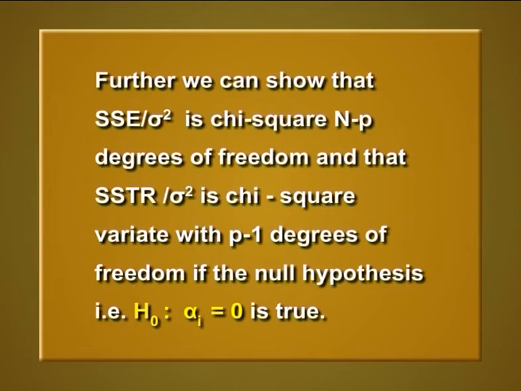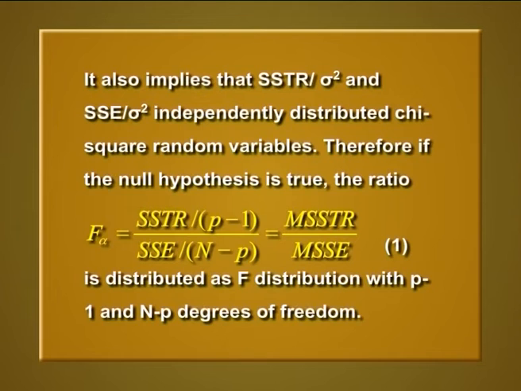Further, we can show that SSE by sigma square is chi square with n minus p degrees of freedom, and that SSTR by sigma square is chi square with p minus 1 degrees of freedom if the null hypothesis H naught, alpha_i equals 0, is true. It also implies that SSTR by sigma square and SSE by sigma square are independently distributed chi-square variables.